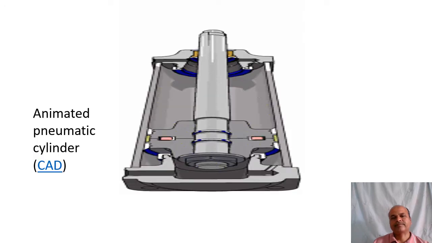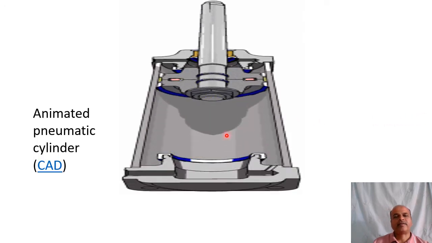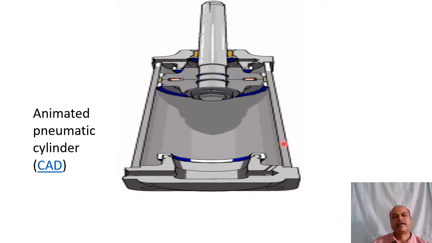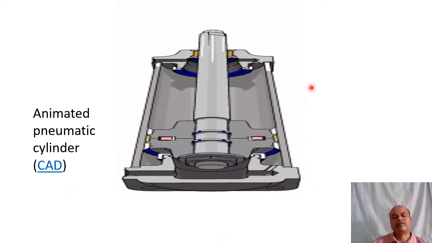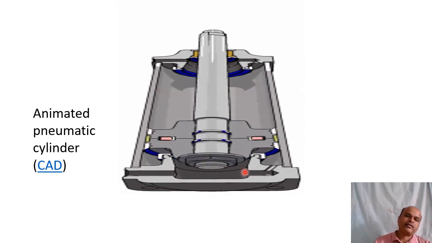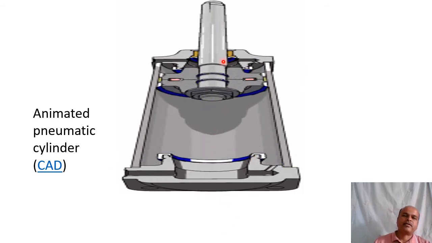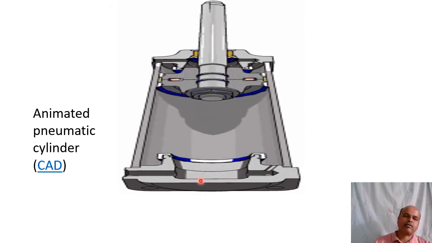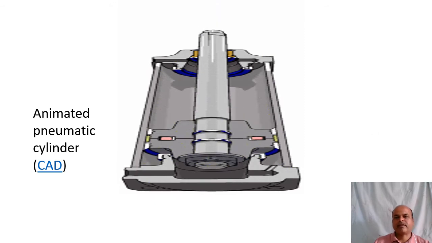This is an animated pneumatic cylinder, or CAD operated, we can say. Animated means computer aided operation of this pneumatic cylinder. This piston rod moves in this direction and comes to the home position as shown in this diagram.